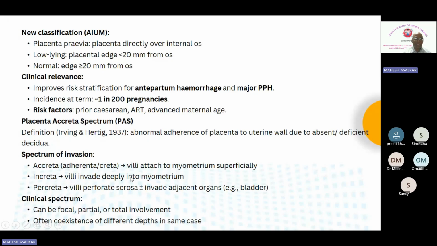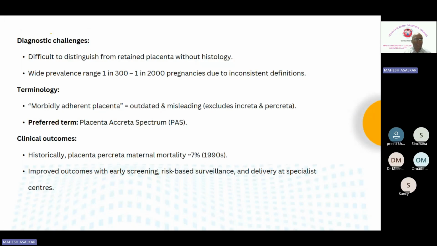If it is a deep myometrial invasion, it will be increta or percreta. It can perforate the serosa and invade into adjacent organs like the bladder also. Clinically, it may be focal, partial or total involvement, and often different depths coexist in the same case, so the depth of penetration may be different in the same case.